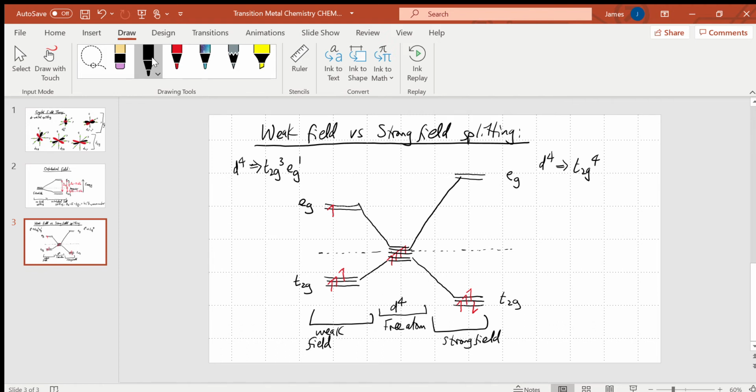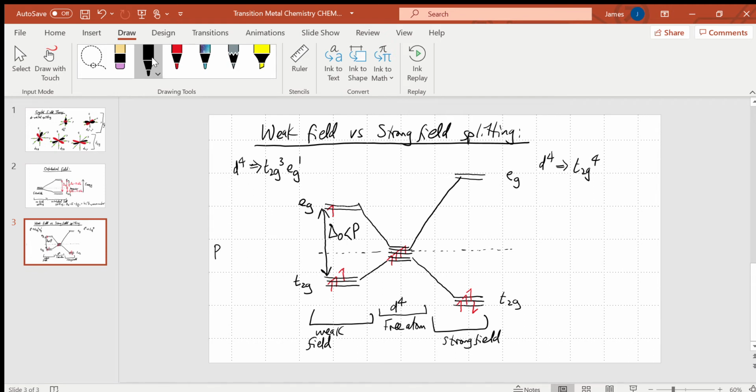So notice there's a difference based on the electron configuration in the weak field and the strong field. So why is this the case? Well, in both cases, this is delta O. But in the weak field case, that energy separation is less than P, where P is the pairing energy.